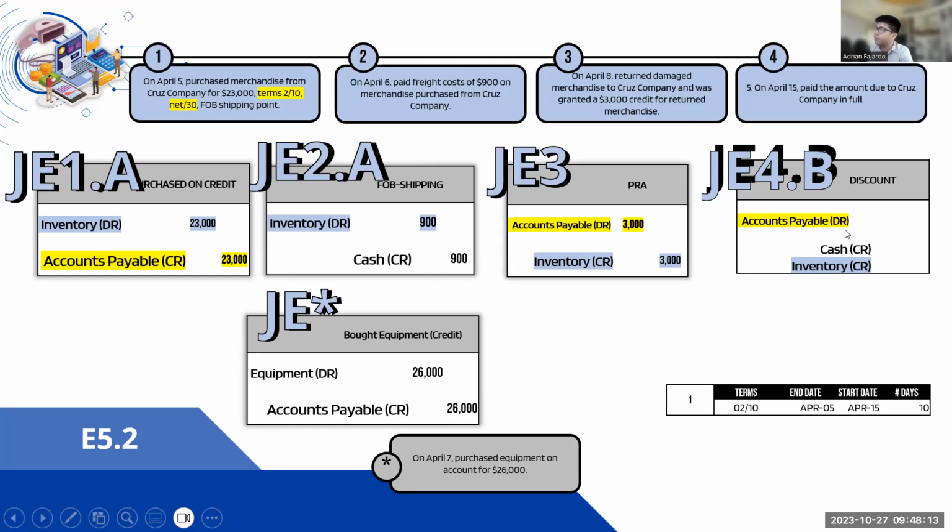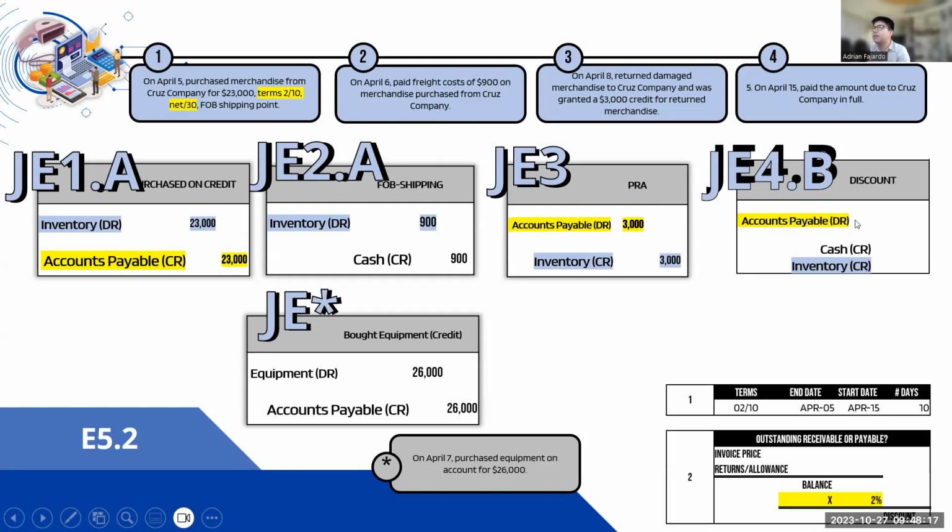But no, that's wrong. Ang accounts payable lang natin would be the invoice price of 23,000 and our purchase returns and allowance of 3,000. So my balance now therefore would be 20,000 and yun yung a-applyan ko ng 2% discount.